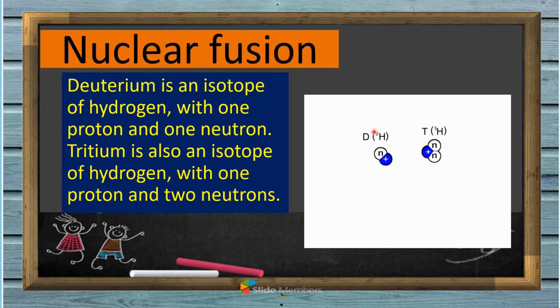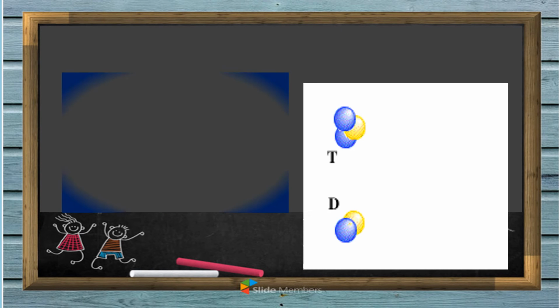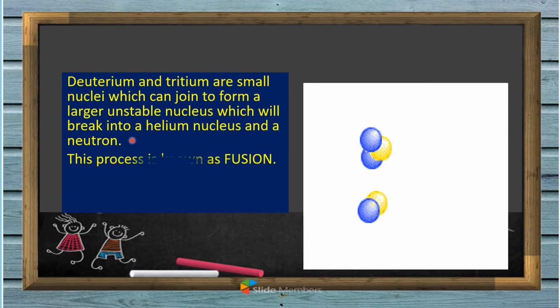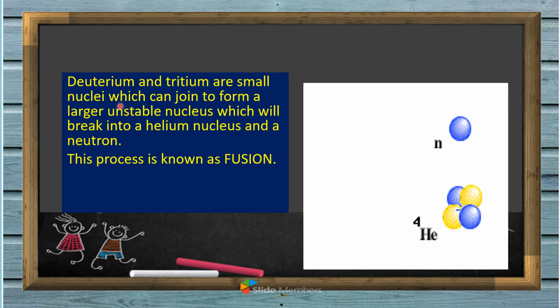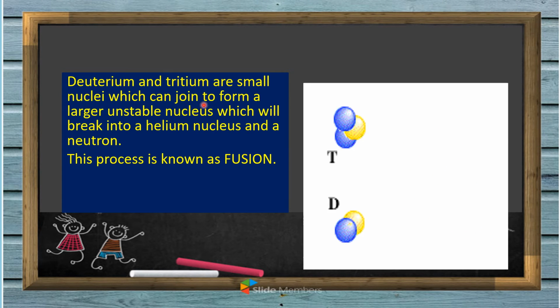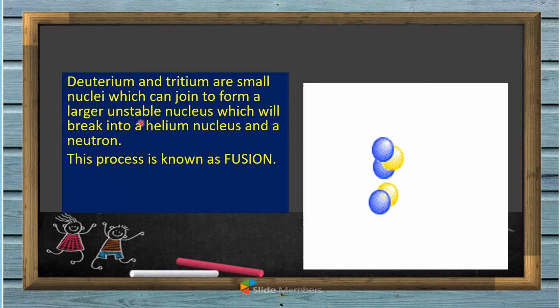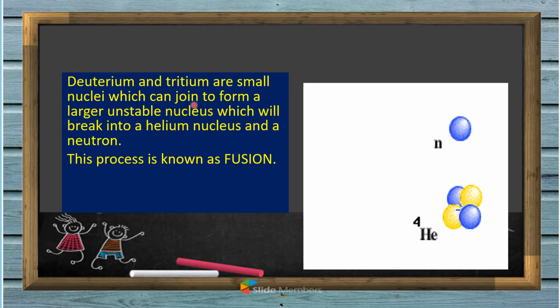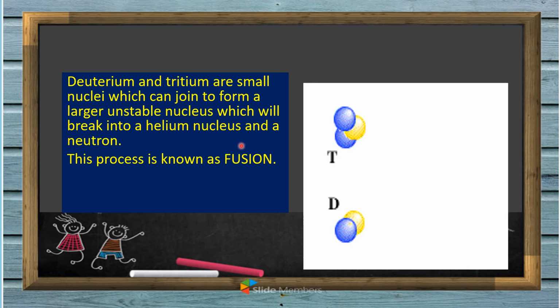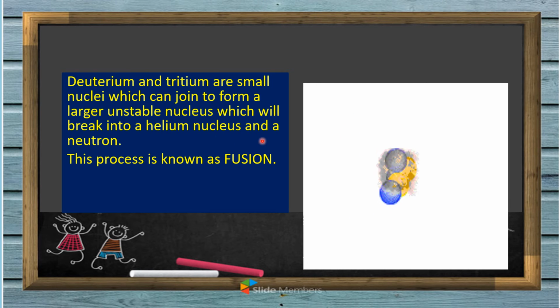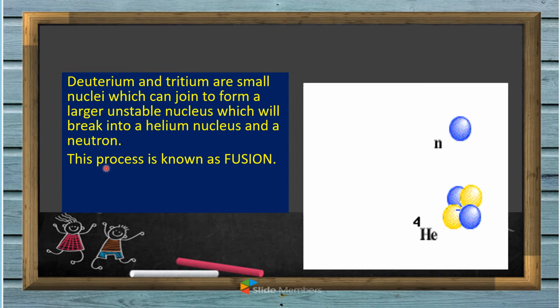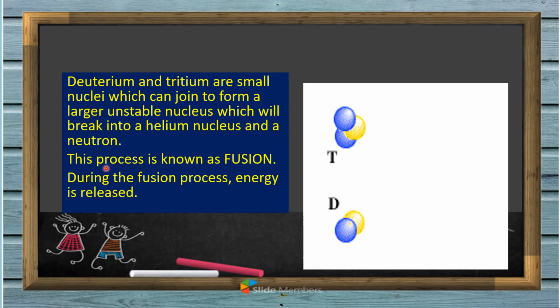So what will happen? Deuterium and tritium are small nuclei which can join to form a larger unstable nucleus, which will break into a helium nucleus and a neutron. So this process is known as fusion.